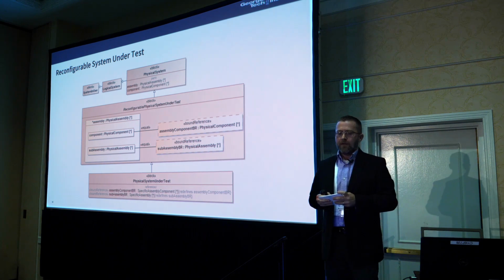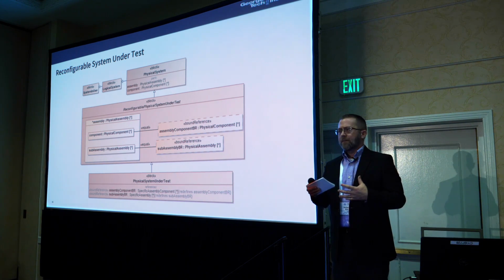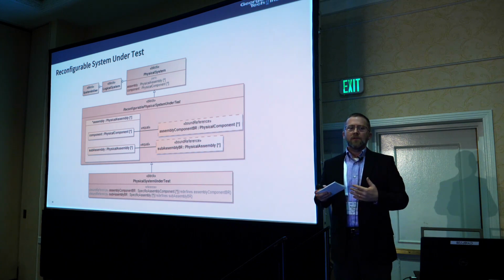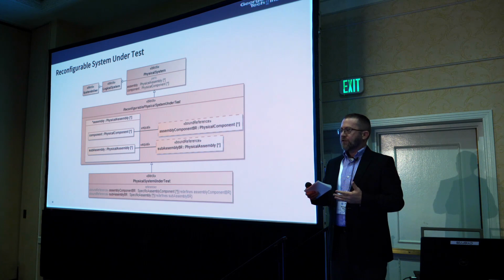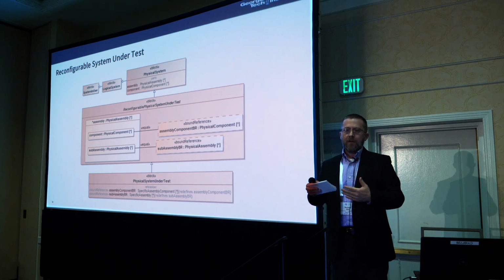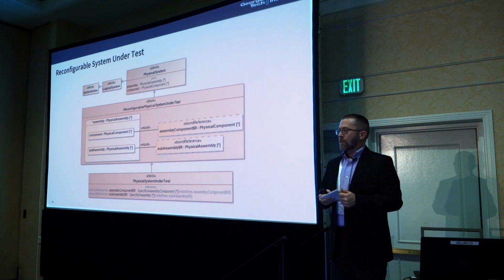Next, regarding a reconfigurable system under test, the UML testing profile doesn't give any kind of guidance or any kind of concepts to help handle multiple versions or configurations of a system under test, which reflects the various development stages and integration stages of the system over time. So you can use SysML bound references to help with that.